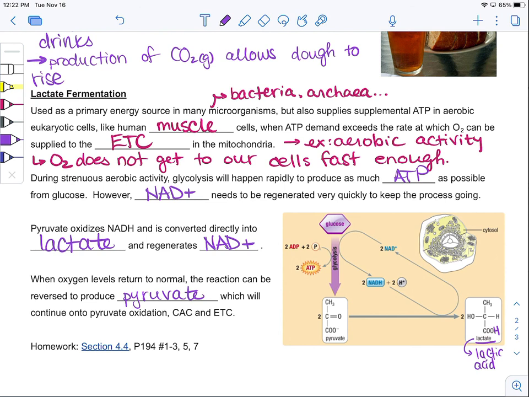Now, one thing interesting about this, which is sort of a misconception some of you might have heard about in your travels, is that lactic acid builds up in our cells and that causes us to have muscle pain. It's since been shown that the muscle pain that we get is actually from the tearing of our muscle fibers and not from lactic acid buildup.